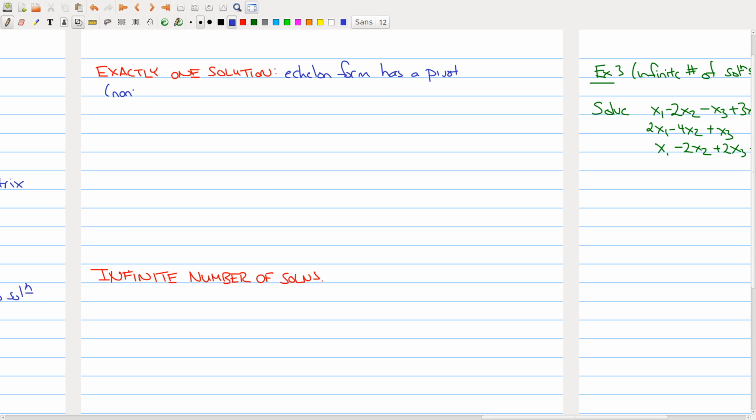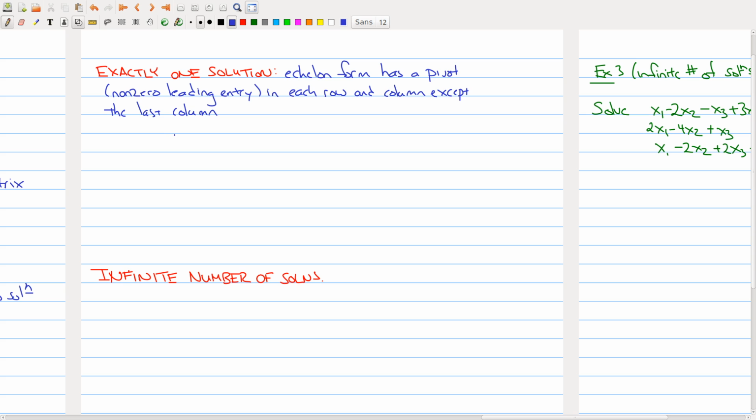This is a non-zero leading entry in each row and column except the last column. Okay, now this is a bit wordy, so maybe a picture would be a lot more helpful here.